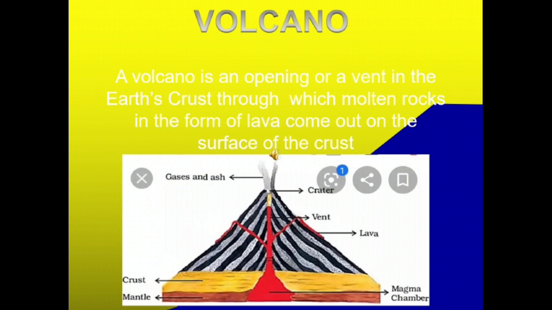When magma comes out of the magma chamber and reaches the earth's surface, it is called lava. Students, do you know volcano has different parts? First part is vent. It is an opening from which lava flows out. Second is crater. It is the top of volcano and is funnel shaped.